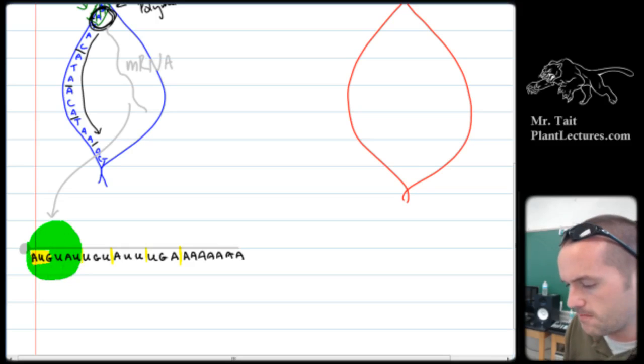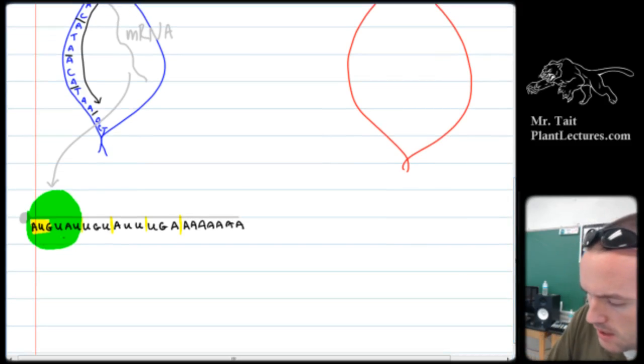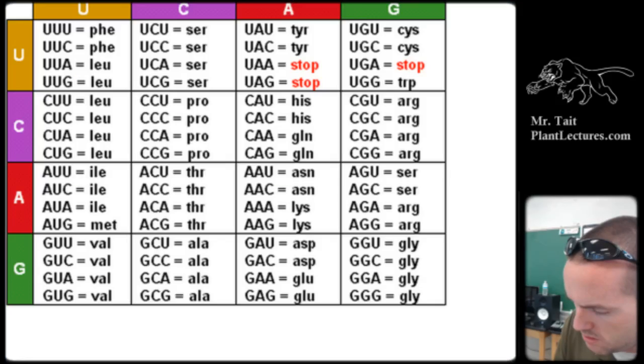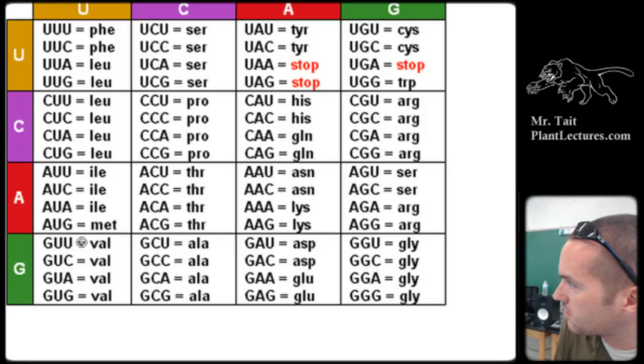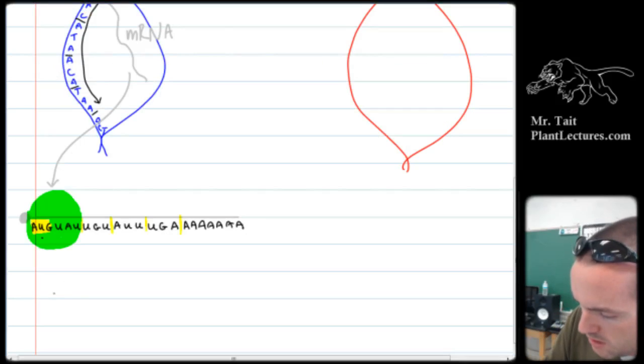It's attached to there. Okay. It's going to make the sequence of amino acids, and we're going to start with AUG. AUG corresponds to a start codon, which is methionine, right? You can see it right here, right? So methionine is our first one, M-E-T.